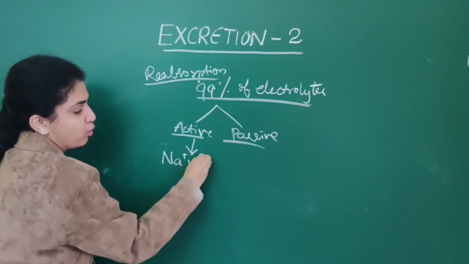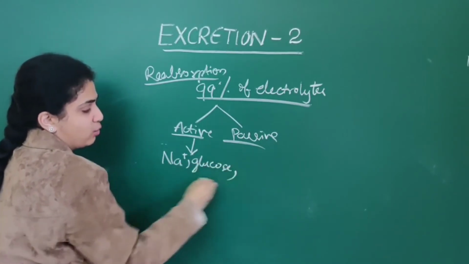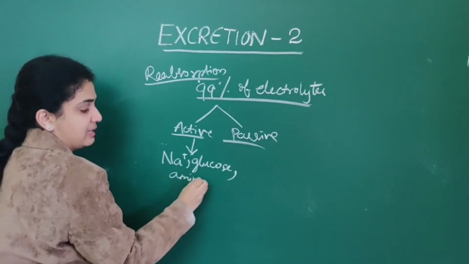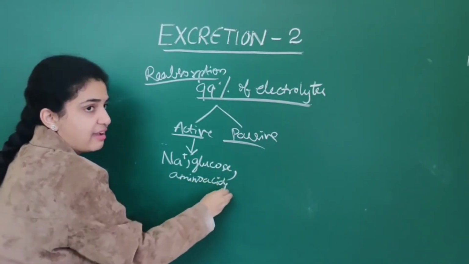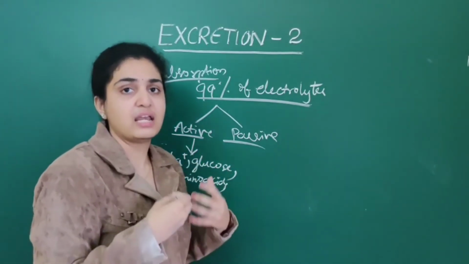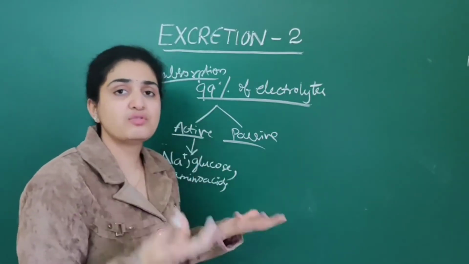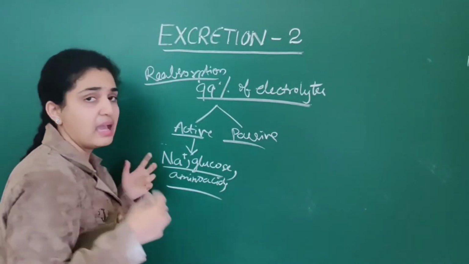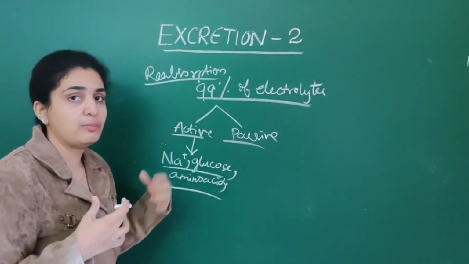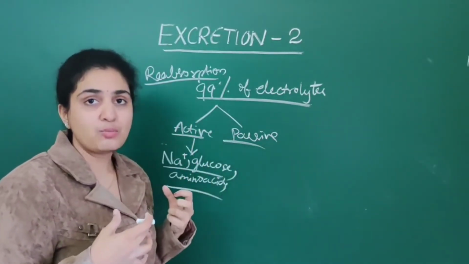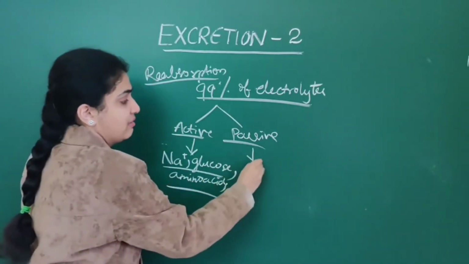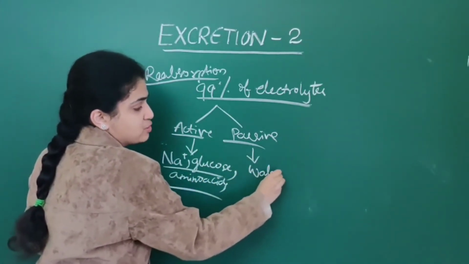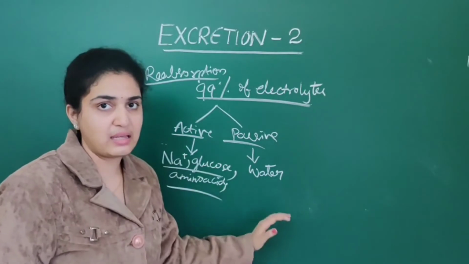Sodium, glucose, amino acids. The main important one is glucose, everything we all need for our energy. Amino acids we also need for our energy. So these are all absorbed through this active mechanism. Through the passive mechanism, mainly water is absorbed.